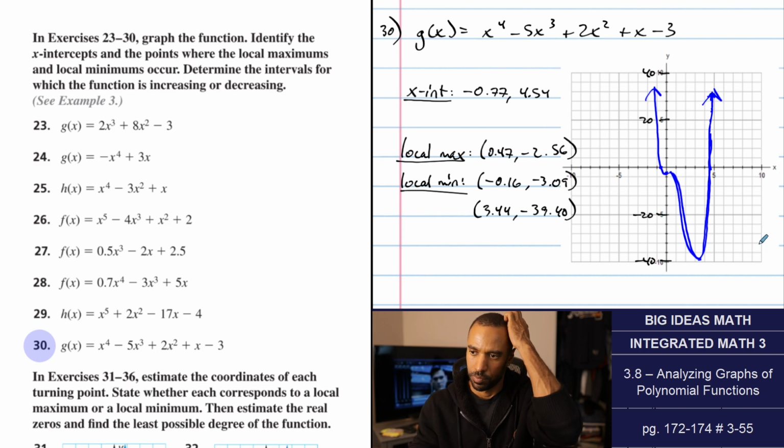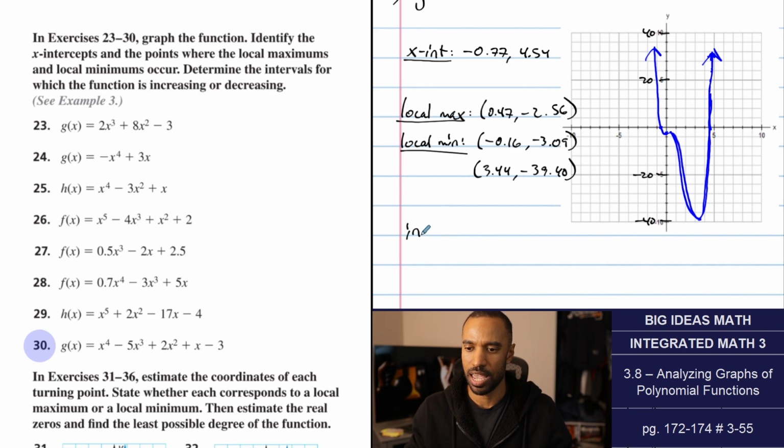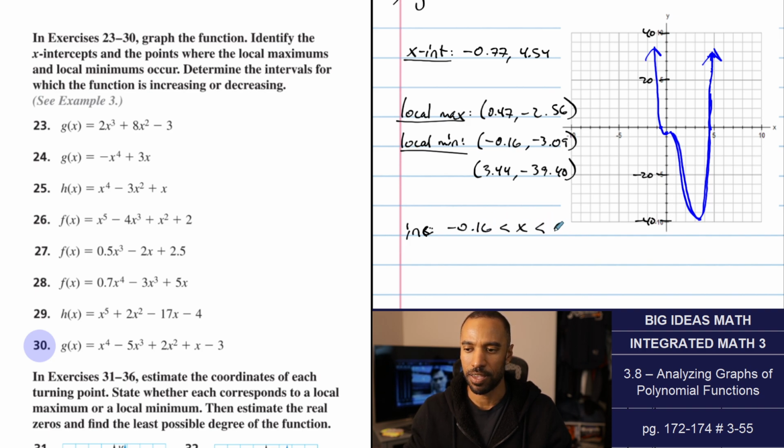Okay. So there's this graph. It increases and decreases. Intervals of increase are right here. There is an interval of increase between this min and this max, between negative 0.16 and 0.47. That's more than half an x width of increase. And it increases when x is greater than 3.44.